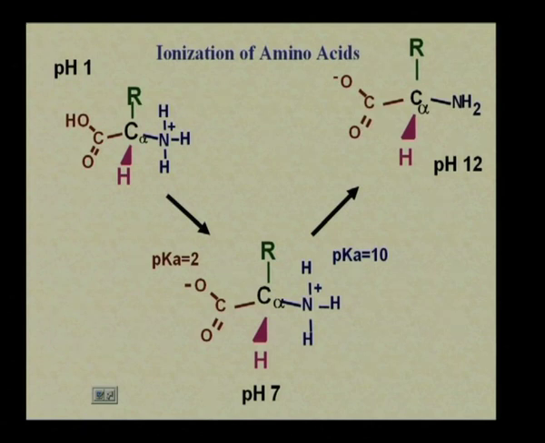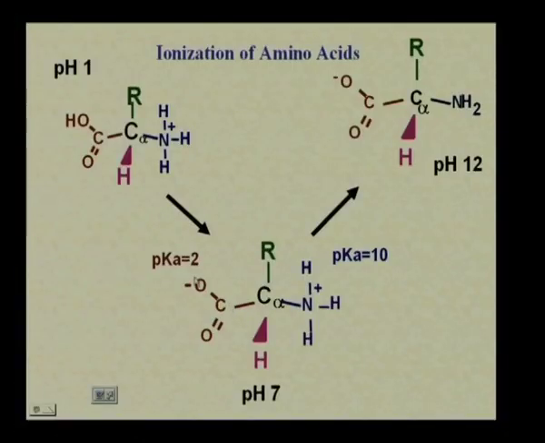Why? One corresponding to the loss of the carboxylic acid H, the other corresponding to the amine H plus. So, this is where I get one set. What is this pKa? This is pKa 2. What does that mean? It means that as I reach the pH close to 2, I am going to lose this proton.